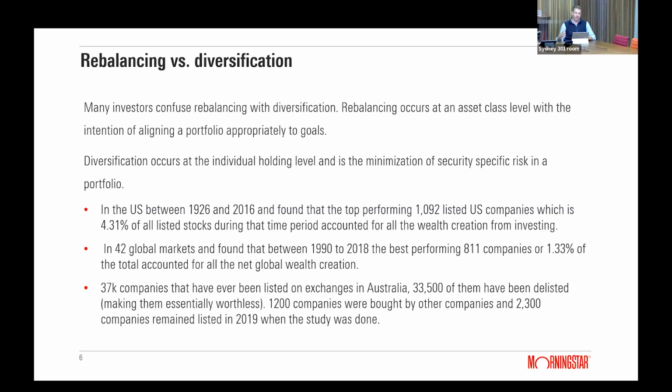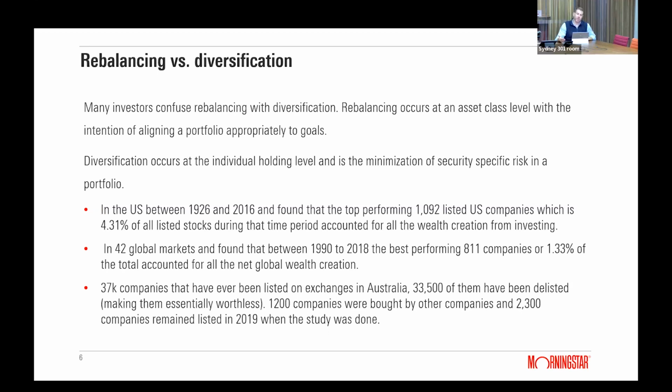We should think a little bit about the market in general and where returns come from. So there's a study that was done by a professor out of the University of Arizona that was just going back and looking at the overall market. The first study he did looked at the US between 1926 and 2016. And while it sounds like a lot, he found that the top performing 1,092 listed US companies, which is only 4.31% of all the listed shares during that time period, accounted for all of the wealth creation from investing.